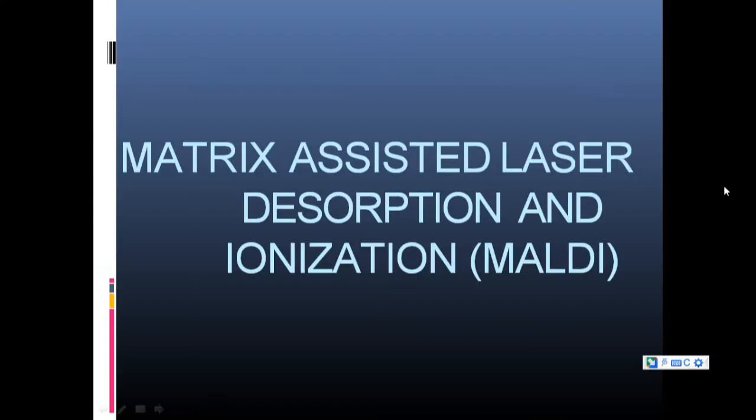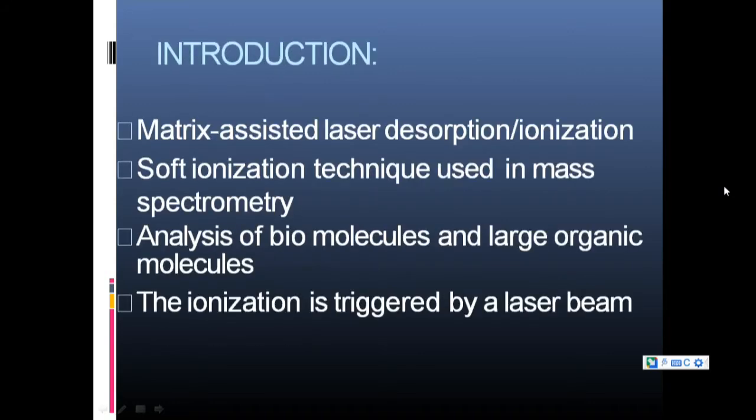So what is MALDI and what is it used for? As I told you, the expansion for MALDI is matrix assisted laser desorption and ionization. It is a technique associated with mass spectrometry. So just recall what mass spec is. Mass spec is an analytical device used to determine the molecular mass of the protein.